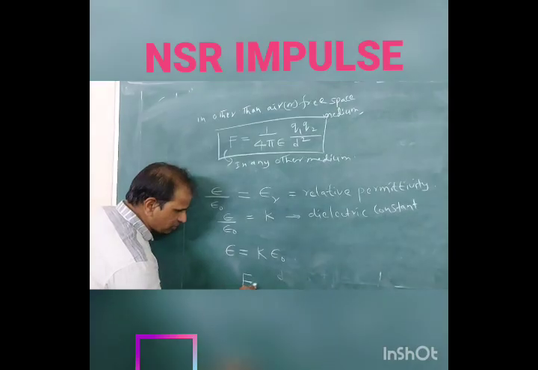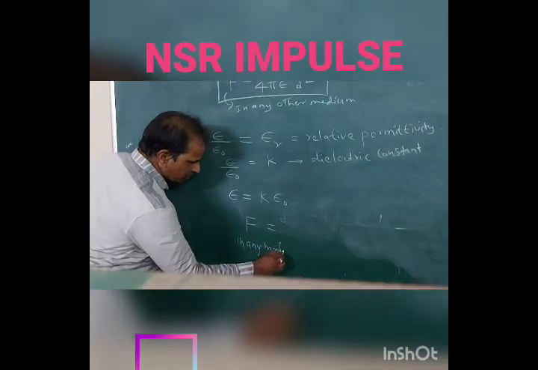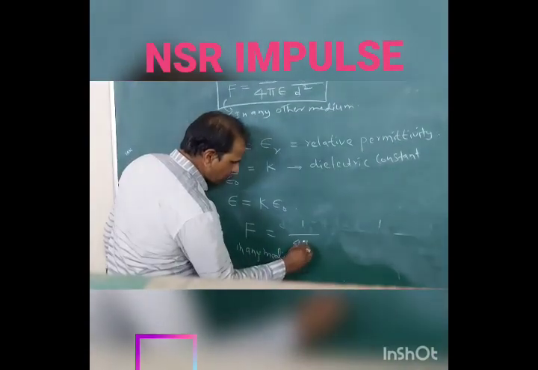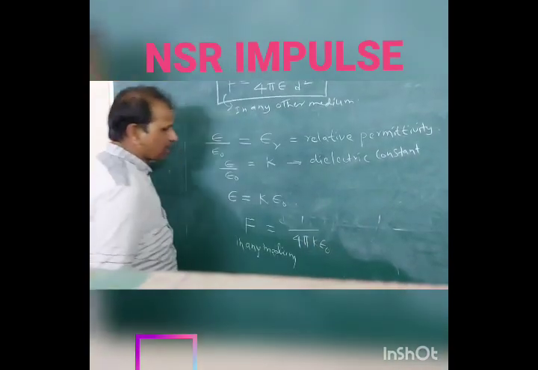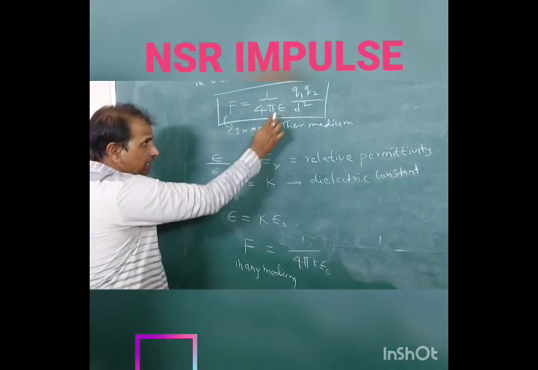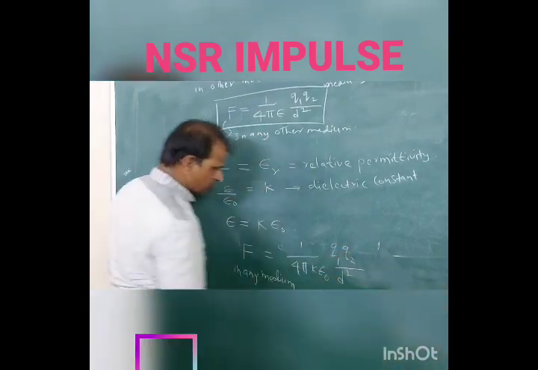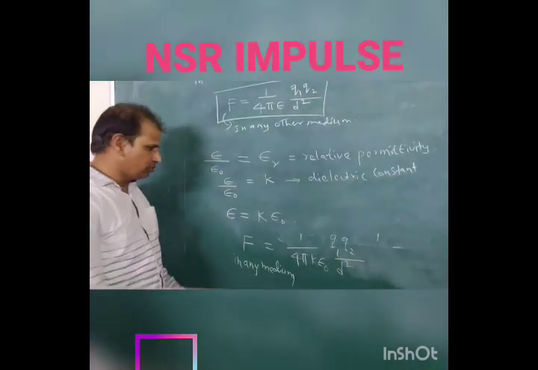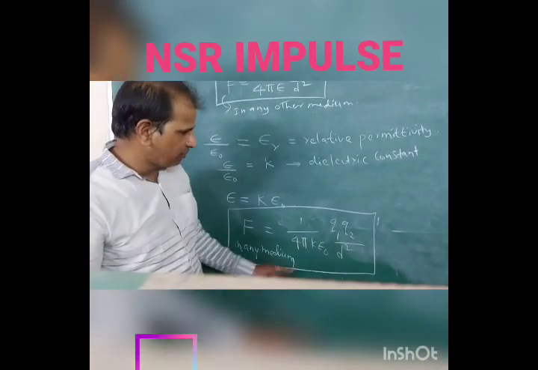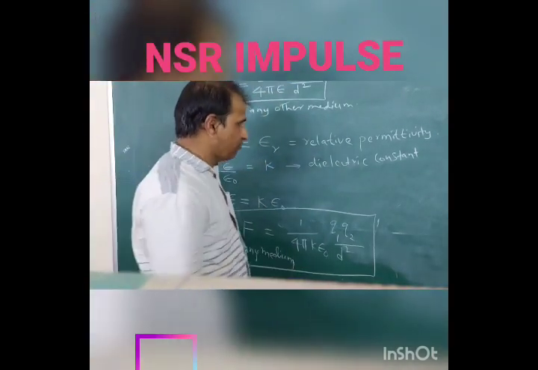So the force between two charges in any medium is equal to 1 by 4 pi K epsilon naught, because epsilon is replaced with K epsilon naught, Q1 Q2 by d square. This is the force between two charges in any medium. F is equal to 1 by 4 pi K epsilon naught Q1 Q2 by d square. This is one important form.